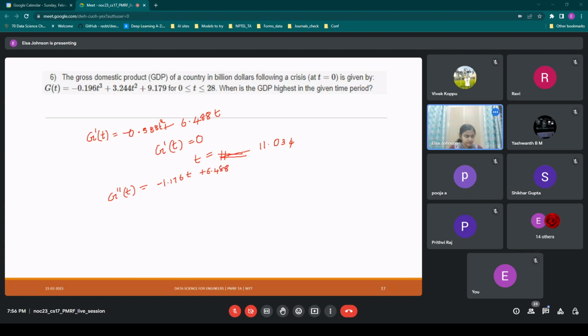In that you have to substitute 11.034, so this into 11.034 plus 6. What value is coming there?